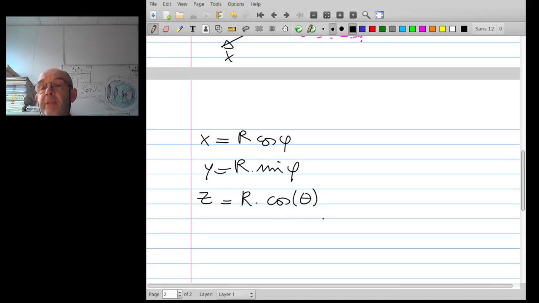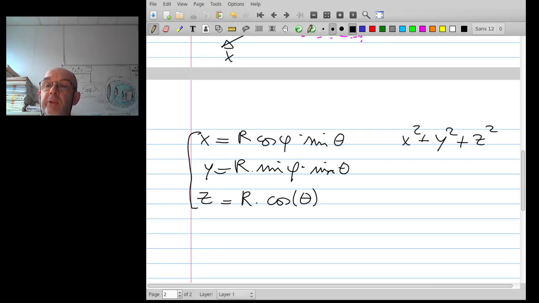And if you have the cosine of theta, then the other two have to be multiplied by the sine of theta. I hope that you see, if you fill in everything, you always have to get that x squared plus y squared plus z squared has to be equal to r squared.